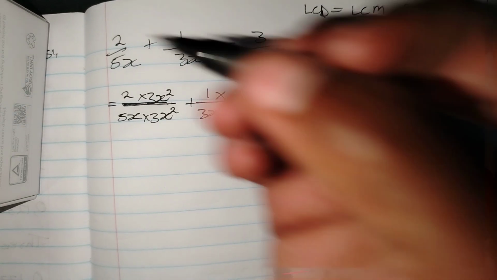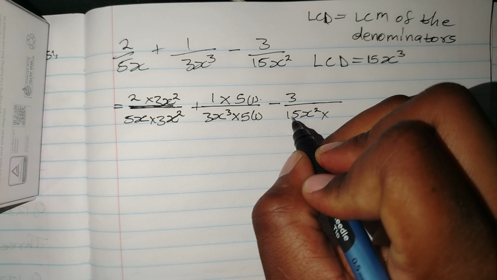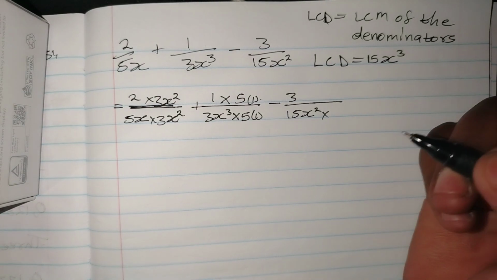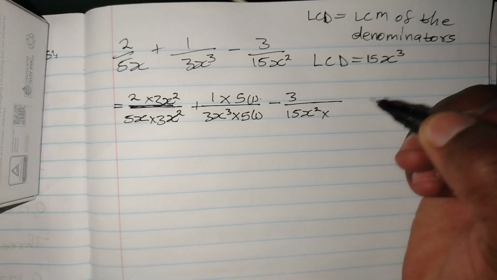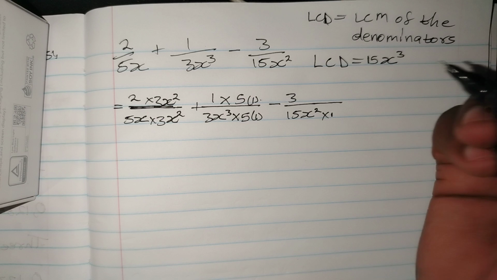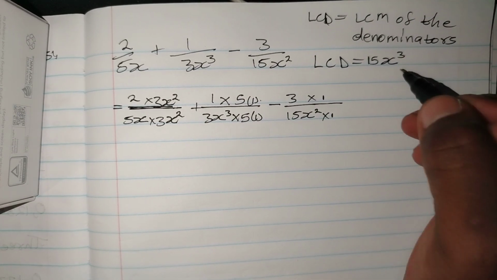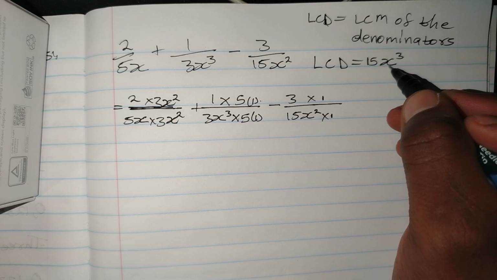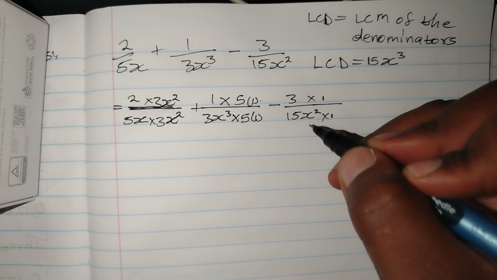Now we are coming to this side. As we come to this side, 15 goes into 15 once. We may not write it, but let's say we can write it. It's 1, multiply by 1. Now we are coming to the variables. The x is cubed, this one is squared.